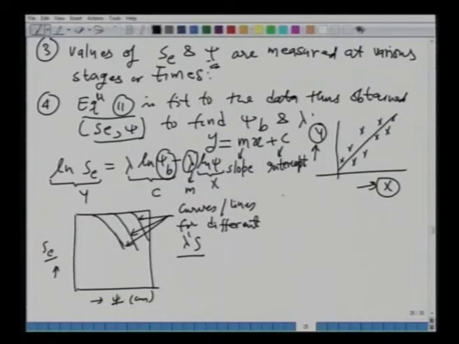Okay. The other parameter of the Green-Ampt equation is the permeability or the hydraulic conductivity.